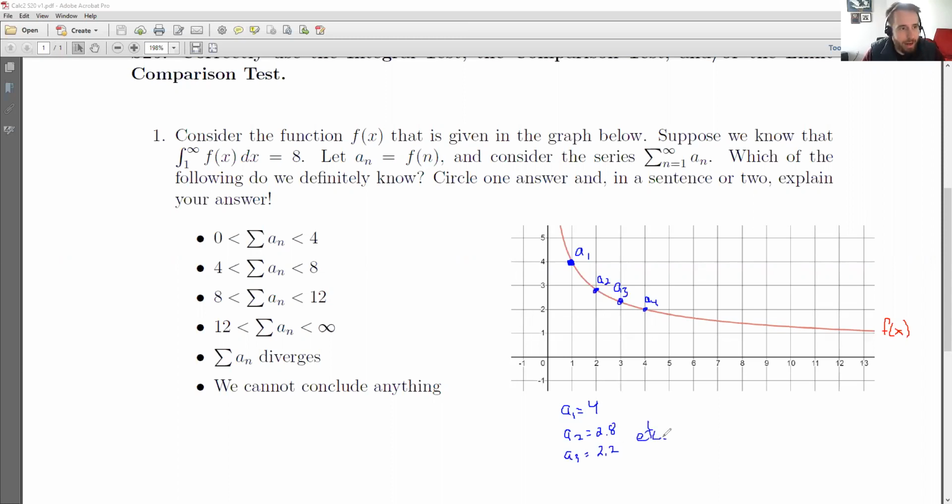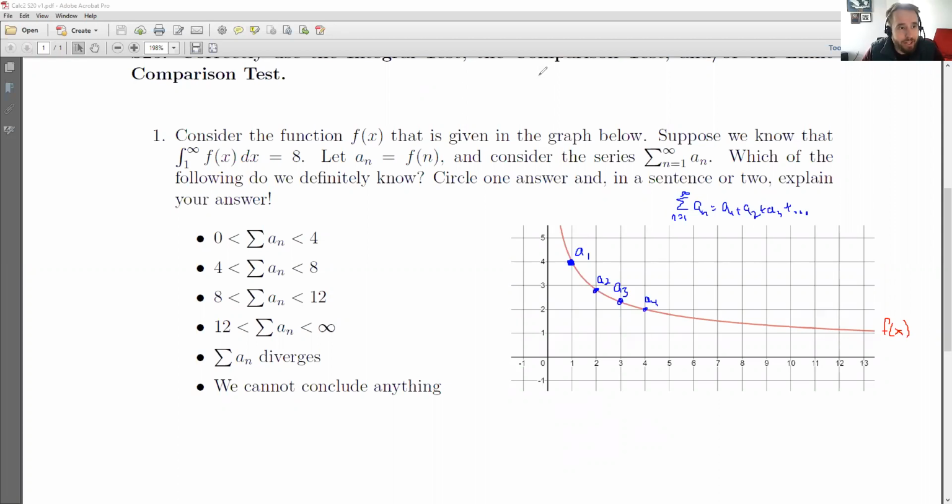I'm not actually going to care that much about the specific values so much as I want to highlight exactly how we're defining this function. And then we are defining a series, the series as n goes from 1 to infinity of a sub n. So that's a sub 1 plus a sub 2 plus a sub 3 and so on. The question is, what can we conclude about that total sum, if anything?